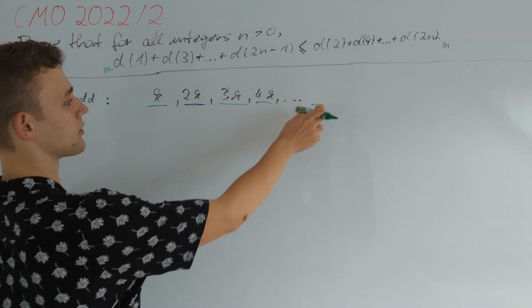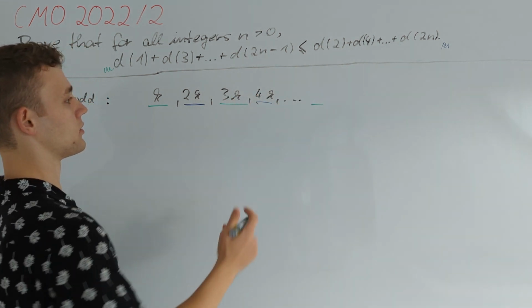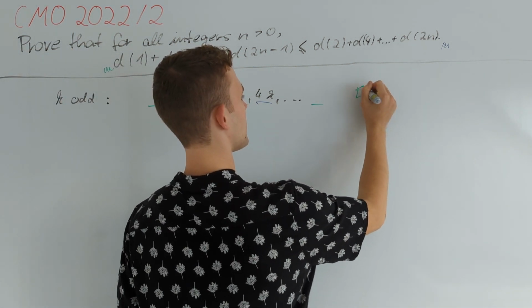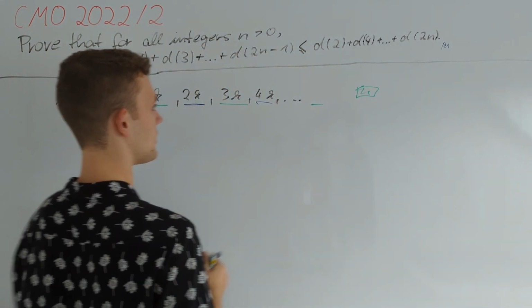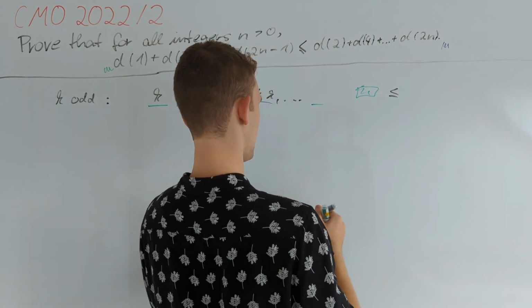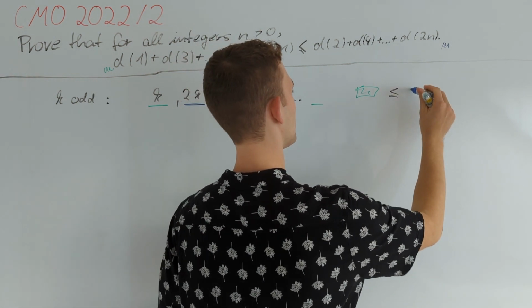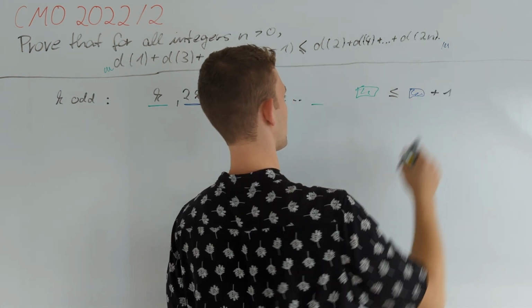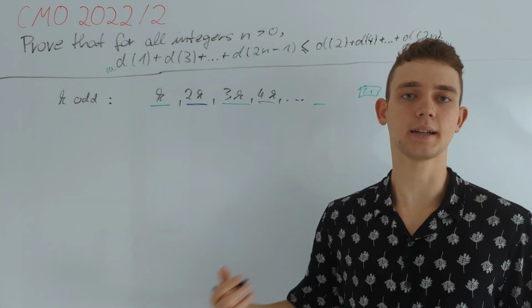And in that case, we're going to have one more green than blue terms, but never more. So we conclude that green is less than or equal to blue plus 1.